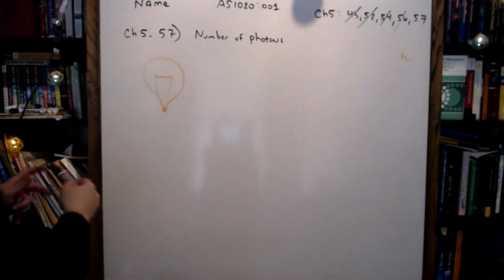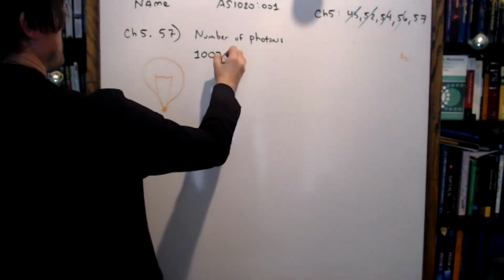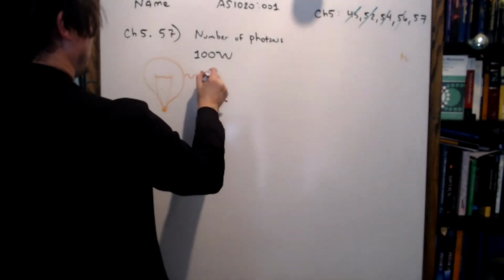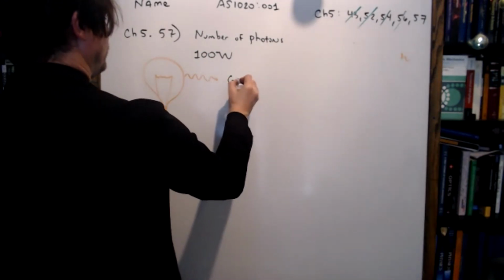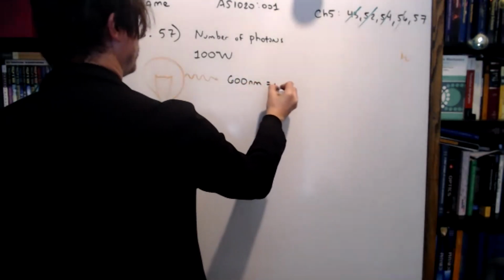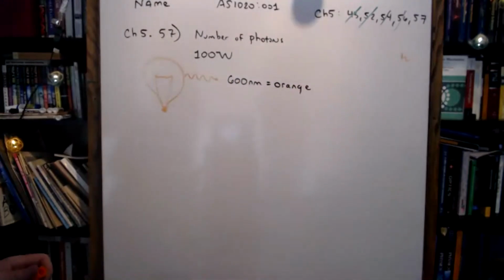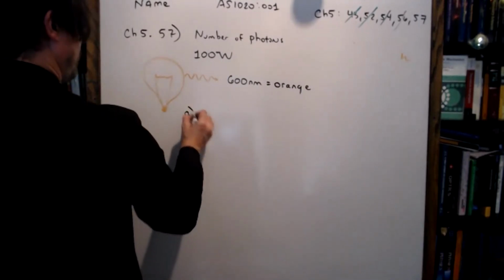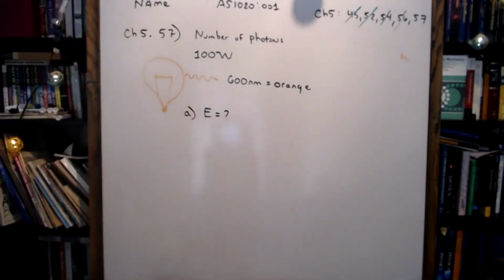They tell us that the light bulb has a power or a luminosity of 100 watts, but that all of the photons have the exact same color or wavelength, and that color is 600 nanometers. That corresponds to pure orange light. And in part A, they want to know what is the energy of a single photon leaving the bulb.